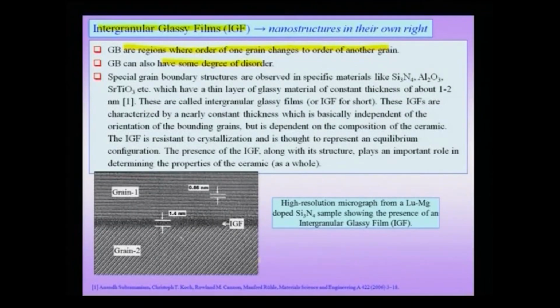This is not universal, but they are found in specific materials under specific processing conditions, like silicon nitride, alumina, strontium titanate, etc., in which there is a thin layer of glassy material of constant thickness of about 1 to 2 nanometers. It is a very special boundary found in very special materials. If you look at this high resolution lattice fringe image at the bottom, there is a region which is about 1 to 2 nanometers.